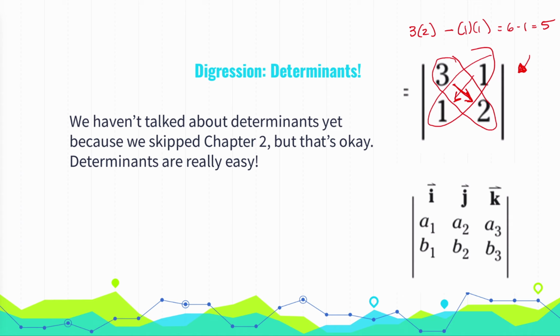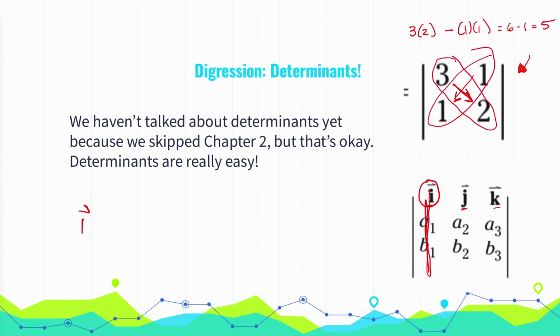So in order to do the cross product, we need to write all of our vectors as sums of the unit vectors i, j, and k. What we do is we start with i, and you cross out that row, or column.